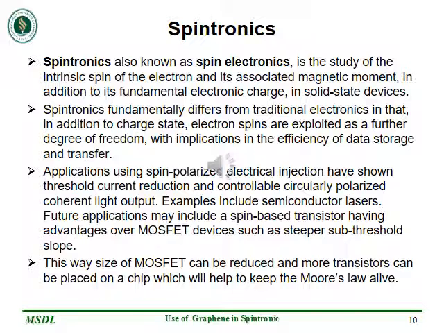Applications using spin-polarized electrical injection have shown threshold current reduction and controllable circularly polarized coherent light output. Examples include semiconductor lasers. Future applications may include a spin-based transistor having advantages over MOSFET devices, such as a steeper sub-threshold slope.